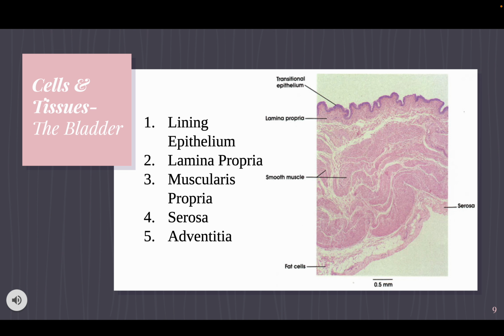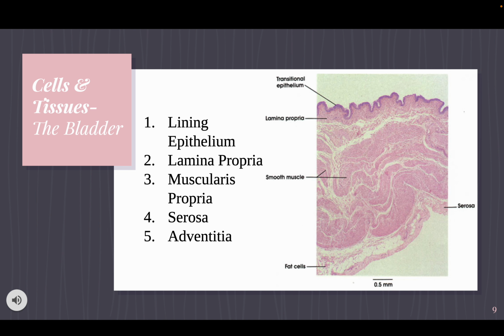This is the suburothelium layer separating the urothelium and underlying muscularis propria. Muscularis propria. This is also known as the detrusor muscle. It consists of 3 layers: inner longitudinal, middle circular, and outer longitudinal.